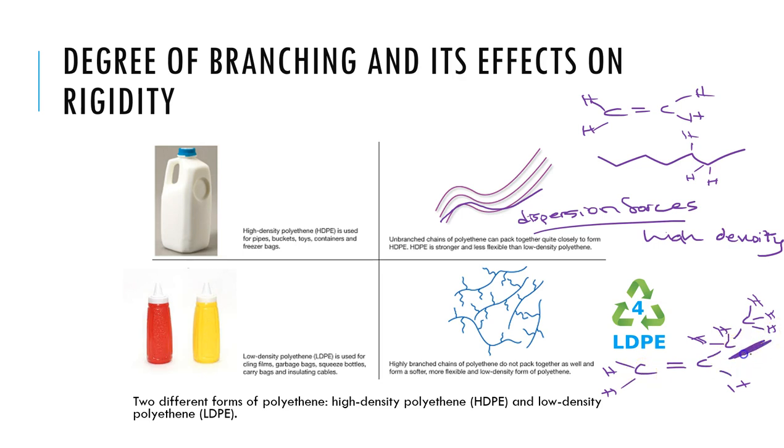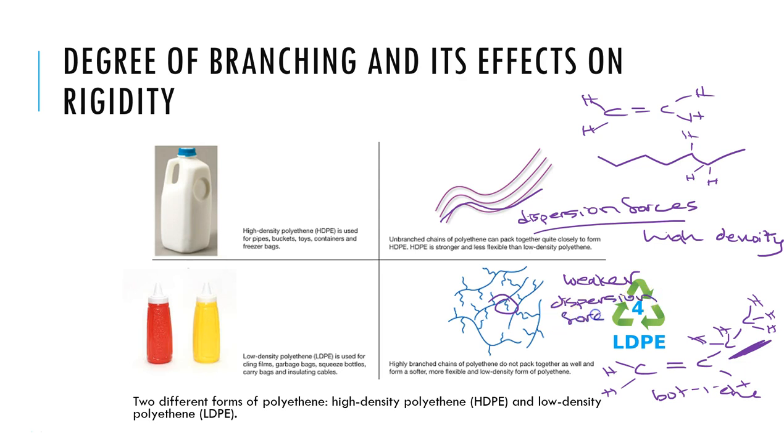This part here, this 2 carbon here on the but-1-ene, will act like a branch. When we form the polymer, it will be sticking up off the chain like these ones here. These branches mean that we can't have as much stacking, so they can't pack together as well. We have weaker dispersion forces because there is less packing, less surface area coming into contact with each other.